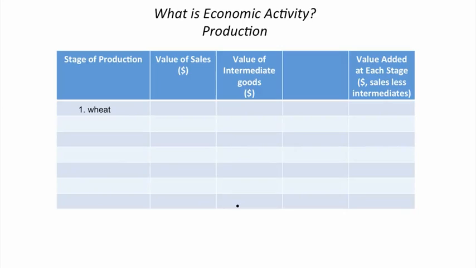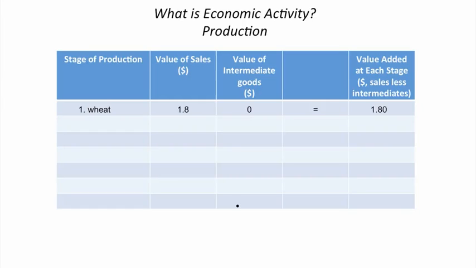First, there's the wheat coming from the farm. Let's suppose that the wheat farmer sells wheat for $1.80. We'll make it easy. There are no intermediate goods here. This is the first stage of the production process. And so we'll talk about value added.